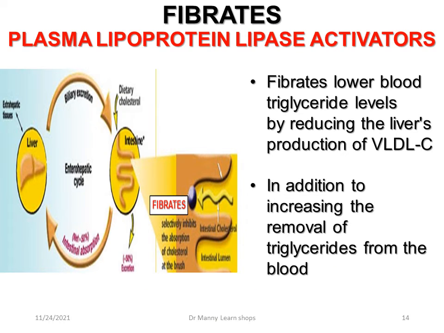The next group we have are fibrates, and these are plasma lipoprotein lipase activators. Now, fibrates lower blood triglyceride levels, and they do it by reducing the liver's production of very low density lipoproteins of cholesterol, in addition to increasing the removal of triglycerides from the blood.